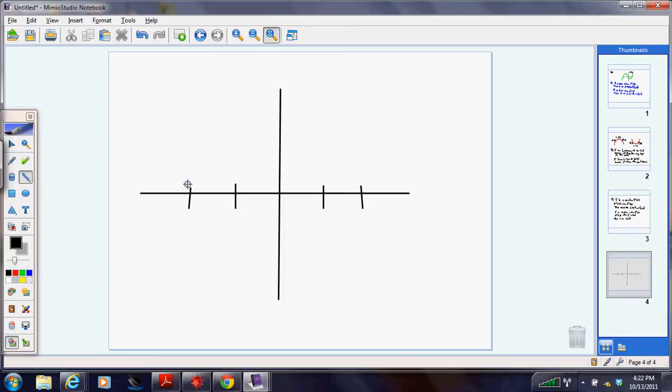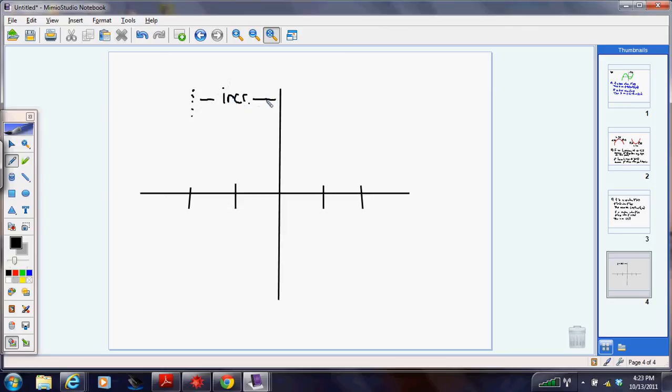So I apologize if I'm doing this a little quickly, but we said that f was increasing between negative 2 and 0. Okay, so just between, switch to my pen here, negative 2 to 0, where the graph is increasing.